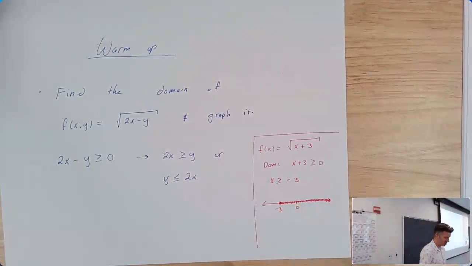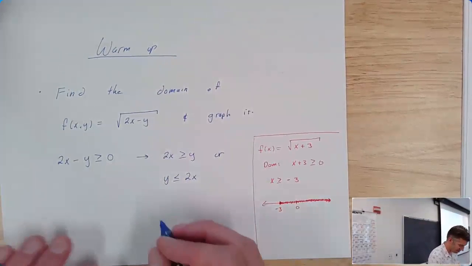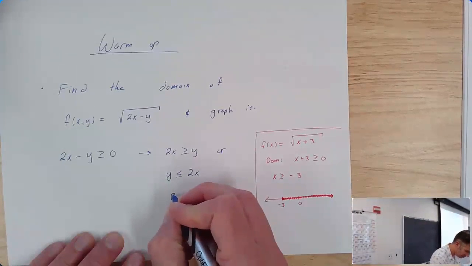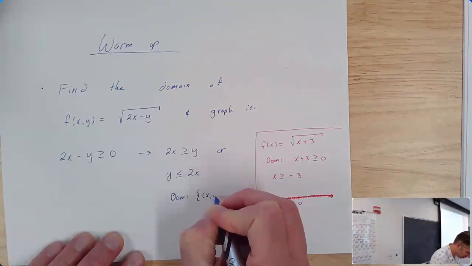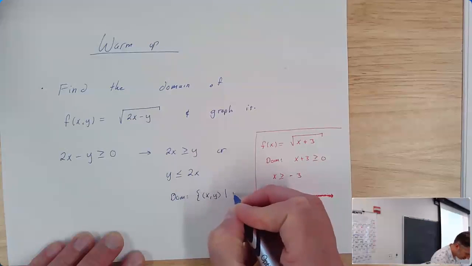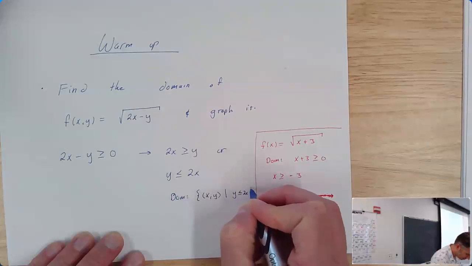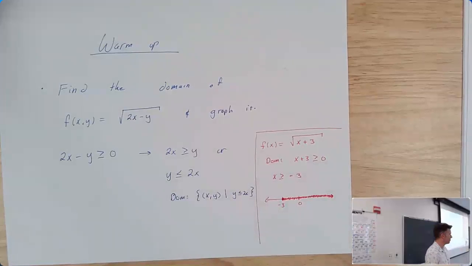You could write the domain using set notation. You say my domain is the set of all coordinates x comma y such that y is less than or equal to 2x. It doesn't feel very great though. You're kind of just saying the same thing you said. In a web work kind of homework problem, usually they'll have you describe the domain as all the points that satisfy some criteria.